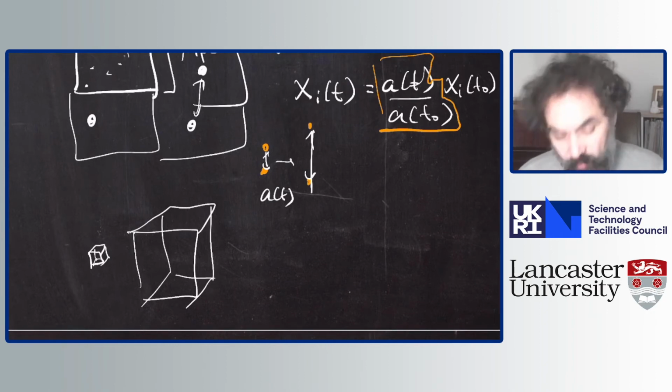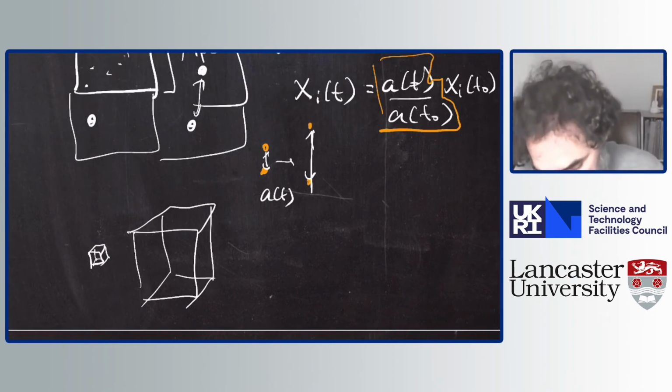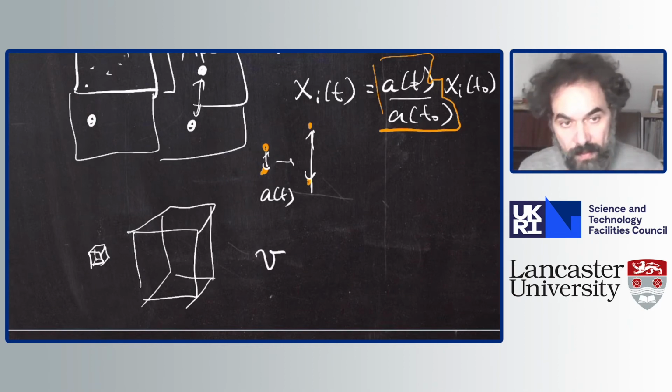This is the law for the expansion of the universe, for the position, and now we can define the velocity. What is the typical velocity of one galaxy with respect to the other?